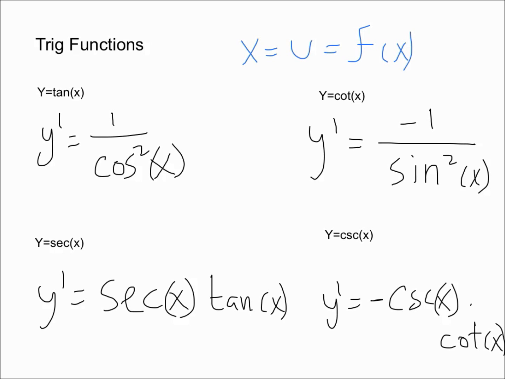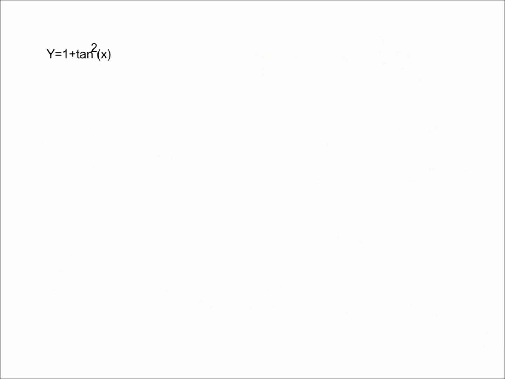Now, to get into the actual problems, our first problem is y is equal to 1 plus tan squared of x. There are 2 ways of solving this problem. There is a simple way, and there is a more complicated way. If you recall the identities I explained 2 videos ago, this could be a very easy problem. But if you don't, it will make it a little harder, but it's still solvable.